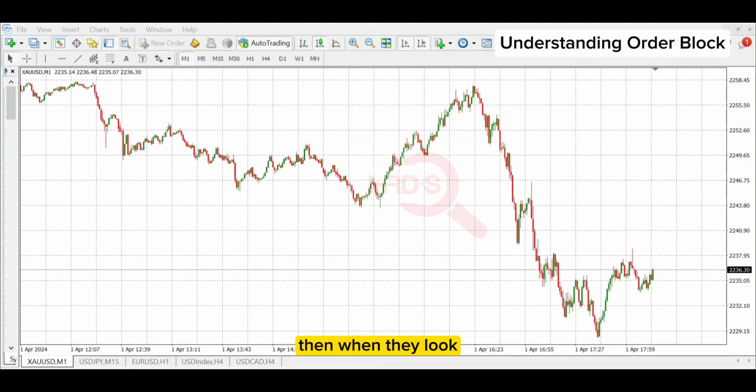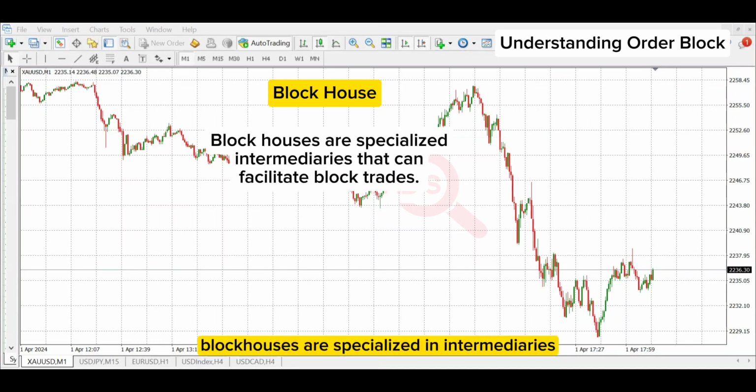Then when they look and do not find any interested buyer outside the open market, the hedge fund that manages this stock for this investor will now find a broker, and in the brokerage department, that's what we call a block house. Block houses are specialized intermediaries that can facilitate block trades.